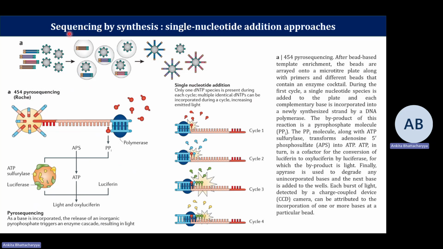Within that droplet you also have an enzyme cocktail which will carry out the amplification or the PCR step, and following that you will have a population of beads that are enriched for that particular template sequence of your interest, and then those can be subjected to sequencing.